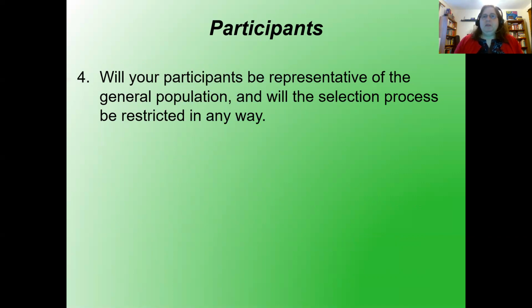Or you might need them to have a certain level of hearing ability in order to hear something, that you might be playing tones for them, or they might have to listen to music or those sorts of things. So think those things through. What exactly do you need from them, and therefore how might you have to restrict that process?